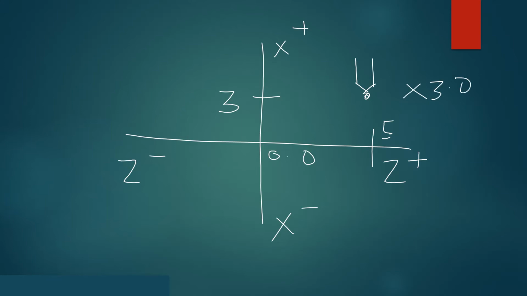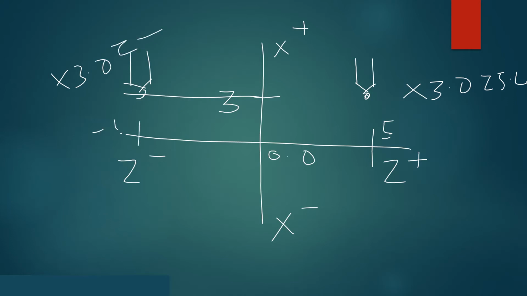3.0 and Z 5.0. If we keep one tool here, it means X is 3.0 but Z is minus, for example here minus 5.0.